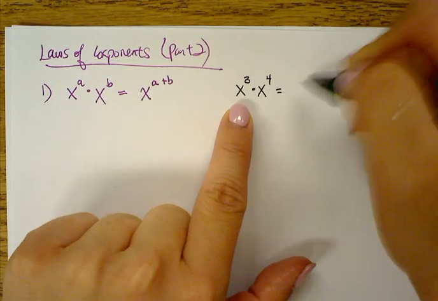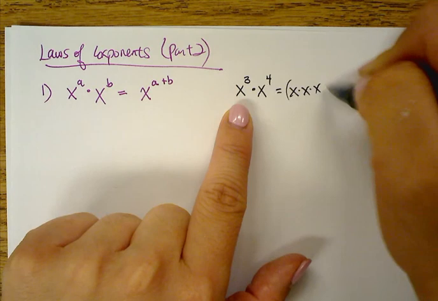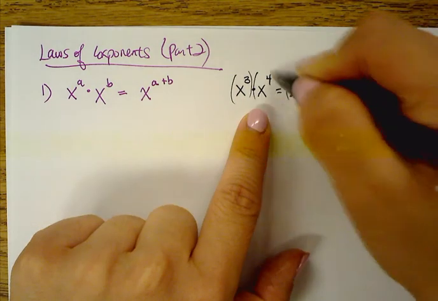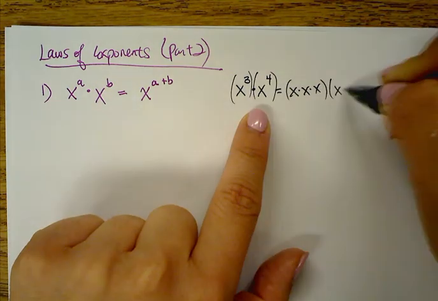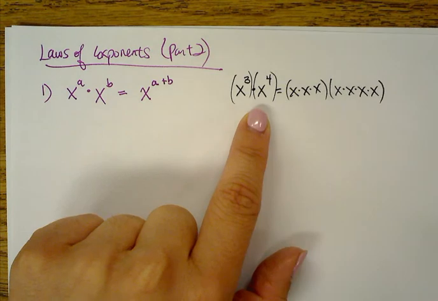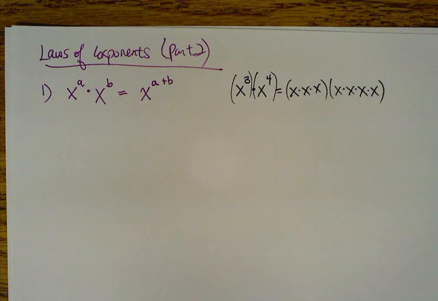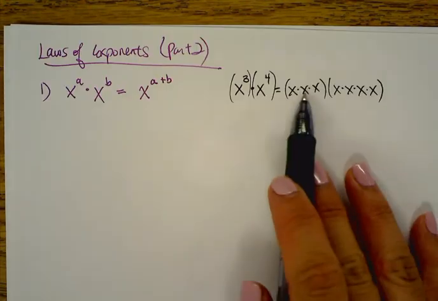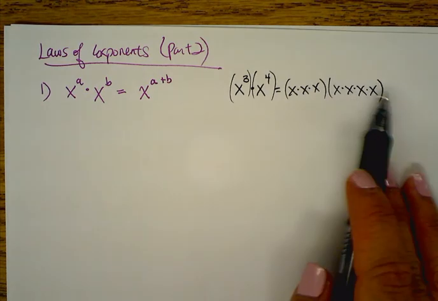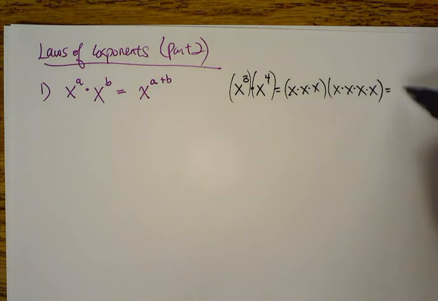What is x to the 4th? x times x times x times x. Should I start distributing? No. How many x's is this? x times x times x times x times x times x times x, right? So that's really how many x's do we have? We have 7. So what did we do with those exponents? We added them. That's the first rule.